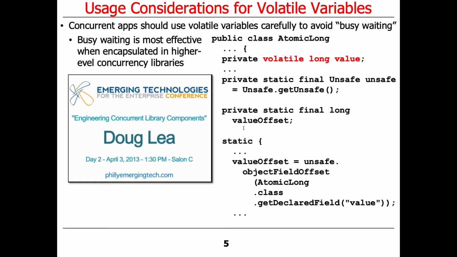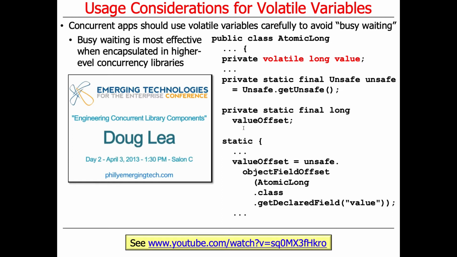And that's nice because you can just use these methods like get and increment or decrement and get and so on and not have to think too much about it. So Doug Lea has a nice video that talks about building concurrent library abstractions and how you can build layers of software that shield you from these low-level niggling details that otherwise are confusing and hard to reason about. And you can take a look at this link for more information about that.